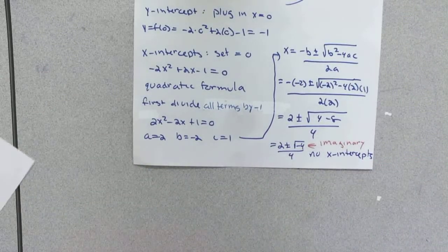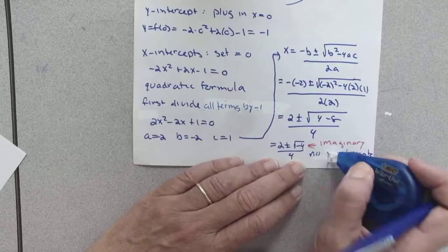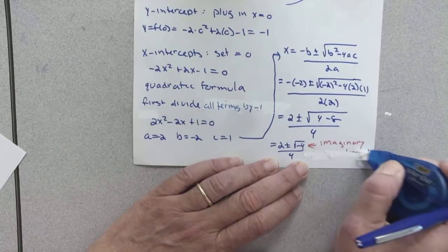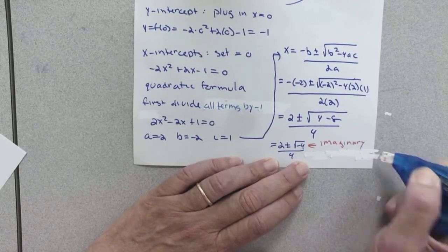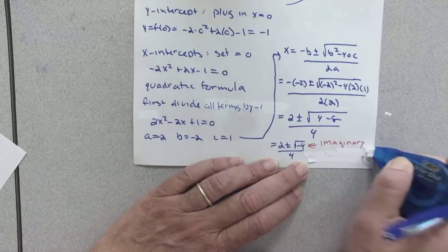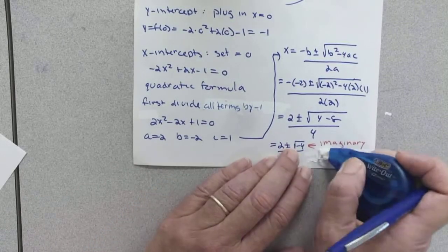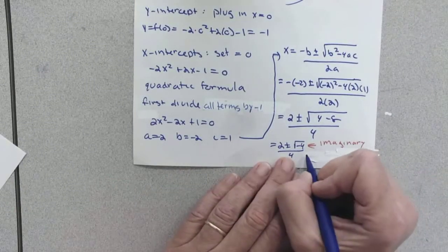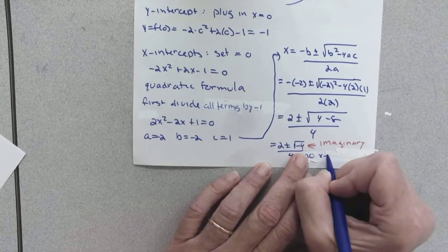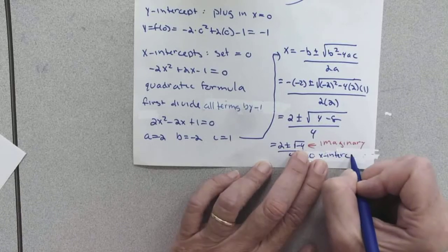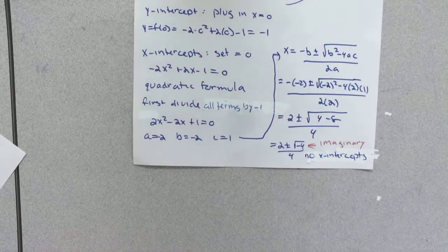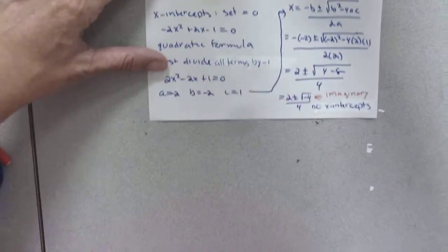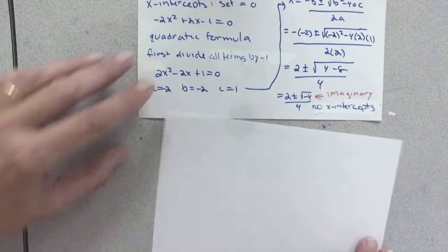When we're doing graphical features, you just can't use imaginary numbers at this level. Yeah, if you want to go take Math 7000 or so, there are things you can do, but at this level, we're not using imaginary numbers when we're doing things graphical. No x-intercepts.